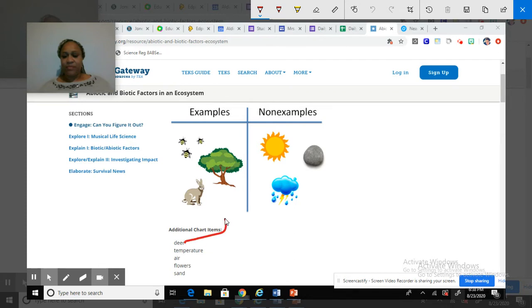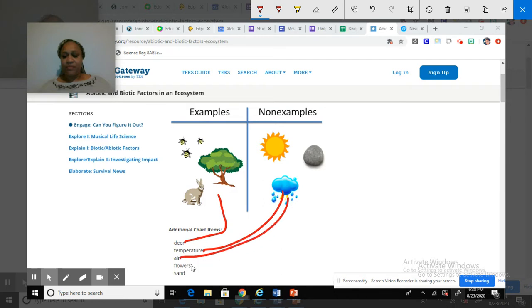Right, I hope you all said the deer would go right there because the deer is alive. What about temperature? Right? It's going to go there. What about the air? Of course, you got this.